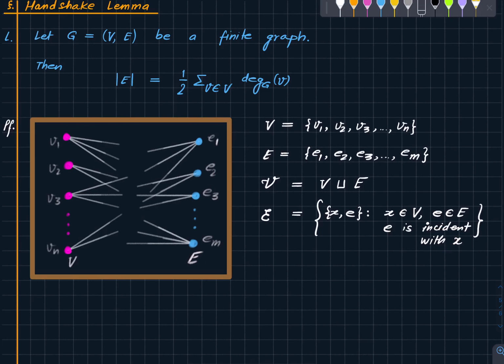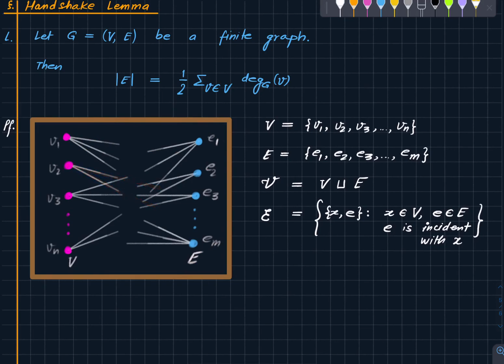So what we are doing is you pick a vertex, V1 let's say, and ask what are the edges in the original graph which V1 is incident with, and just join it with those in this new graph. Similarly, you ask V2, what are the edges which are incident with it? And you join it with those.